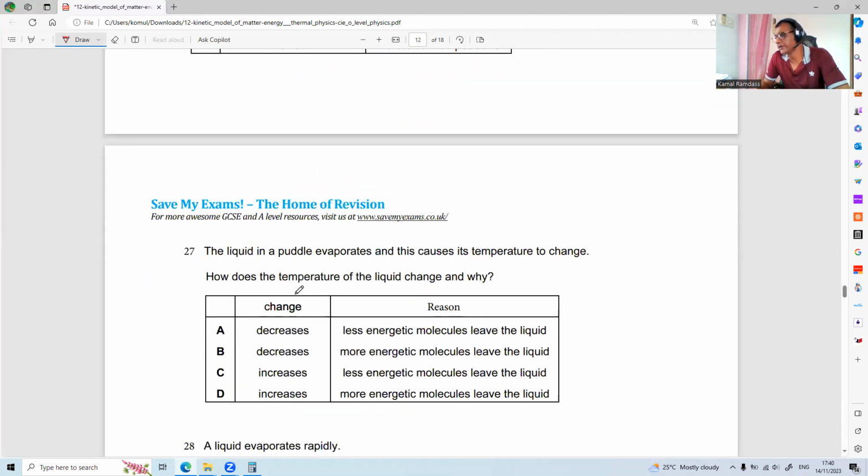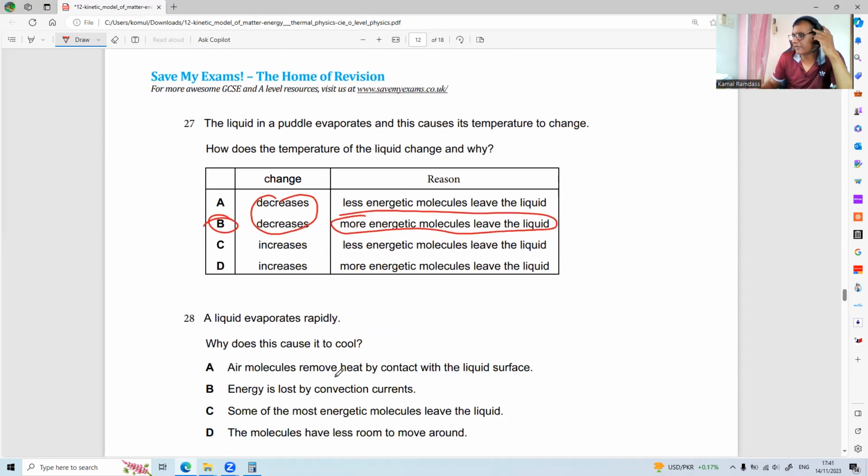The liquid in a puddle evaporates and this causes the temperature to change. How does the temperature of the liquid change and why? The temperature will decrease, because when it evaporates, it takes energy and the liquid can go. Reason? More energetic molecules leave the liquid. A liquid evaporates rapidly.